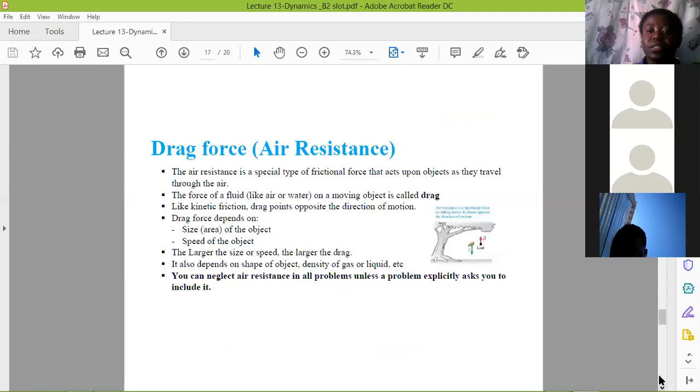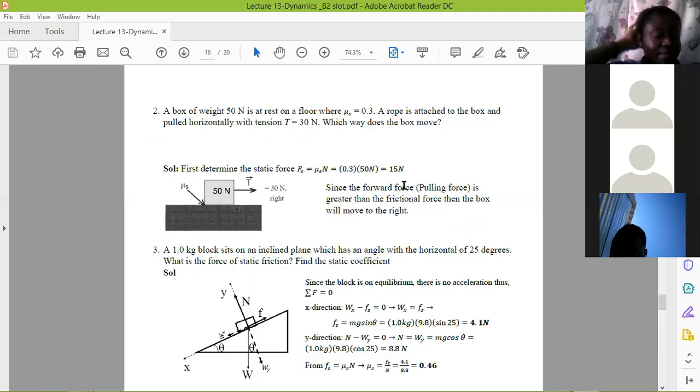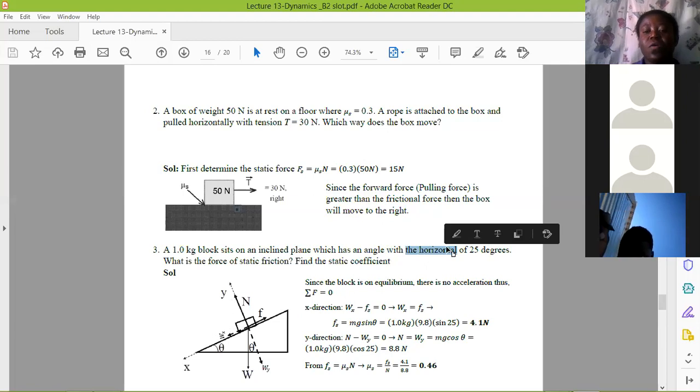Okay, let's check up on when you have an object placed on an incline. You have a 1.0 block placed at 25 degrees with the horizontal. This is very, very important, with the horizontal.